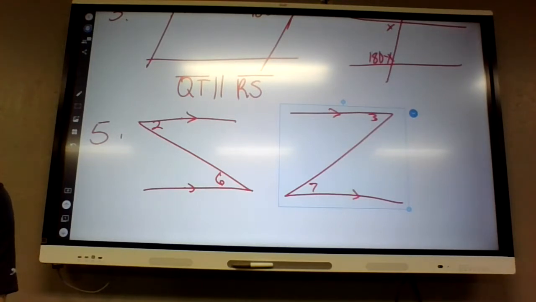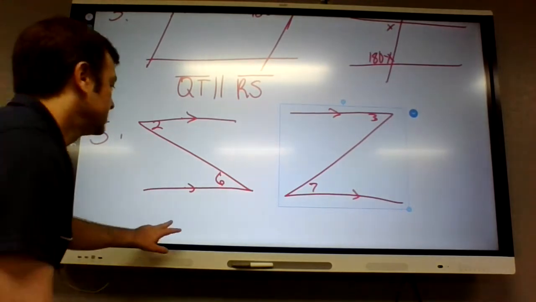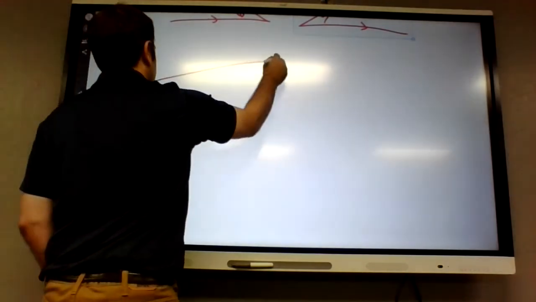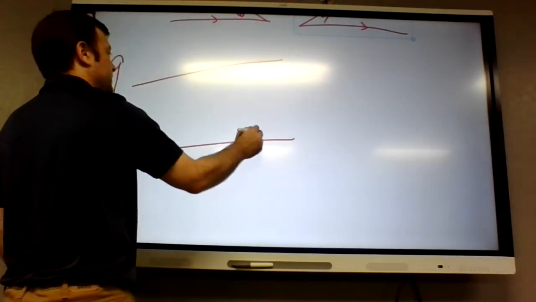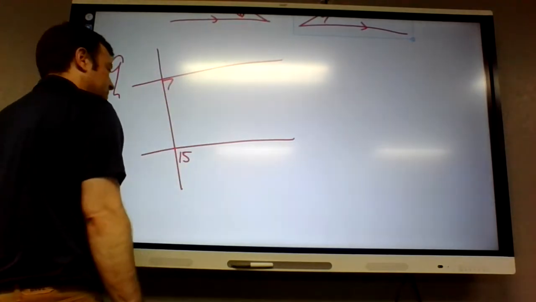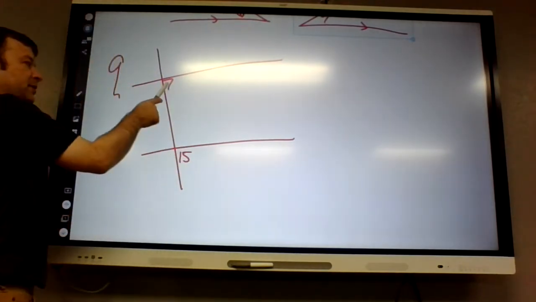Okay, if I just drew the lines that would be needed to make angle 7 and 15, what would the picture look like? Just 2 parallel lines. Well, that's not enough. And then a line. Yeah, that's fine, right? Because there's 7 and 15 right here. What kind of angles are 7 and 15?